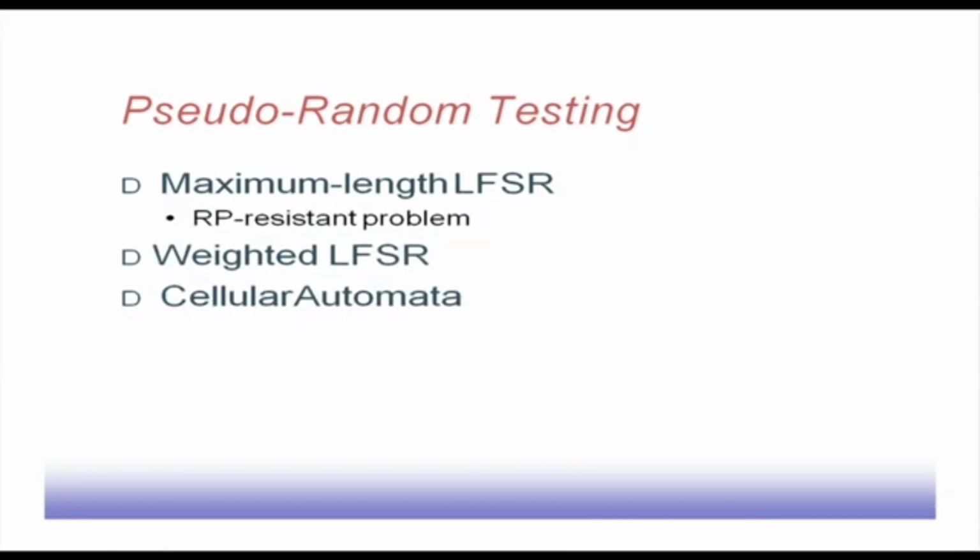So, this maximum length LFSR can be used as a pseudo random pattern generator, but the problem is that there are certain faults in the circuit which are random pattern resistant. Random pattern resistant faults are those where the possibility of hitting a pattern that can detect the fault is very low. This happens particularly where there are only a few specific test patterns that can detect a fault, and since we are using random generation, the probability of getting that particular pattern generated is small.